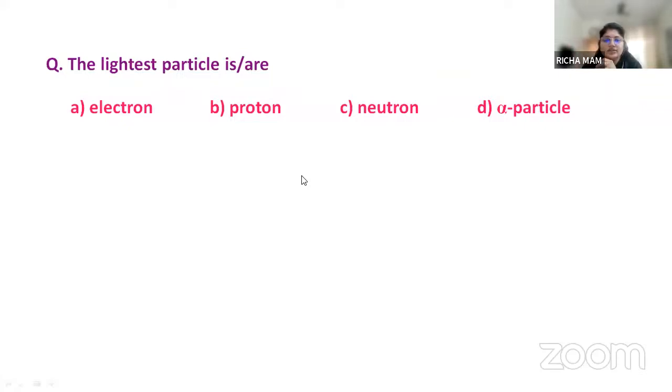Among the following, lightest particle means you have to consider the mass, which is lighter in mass. A is electron, B is proton, C is neutron, and D is alpha particle. So which is the lightest?